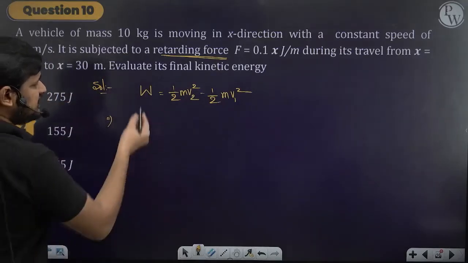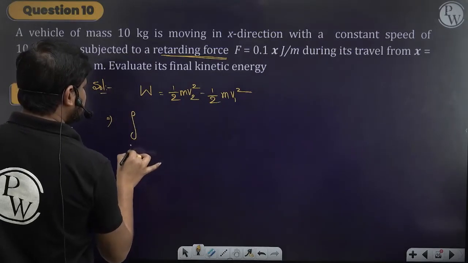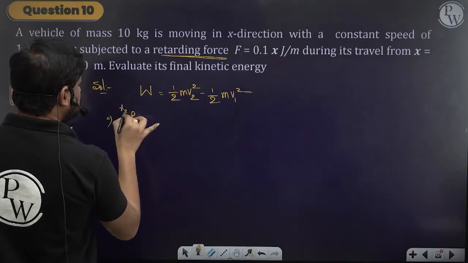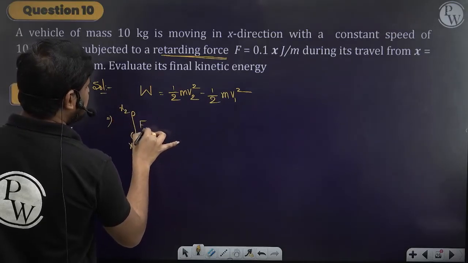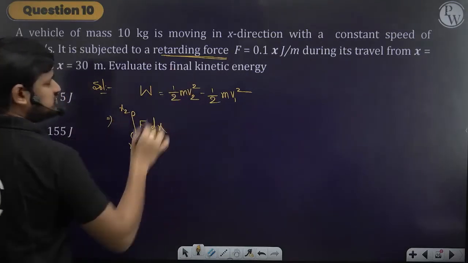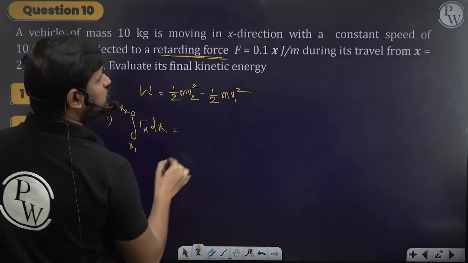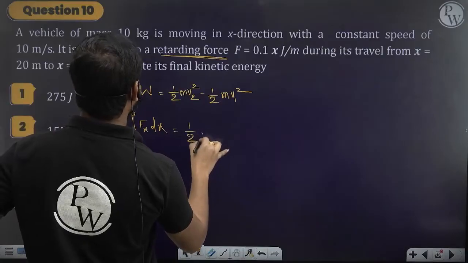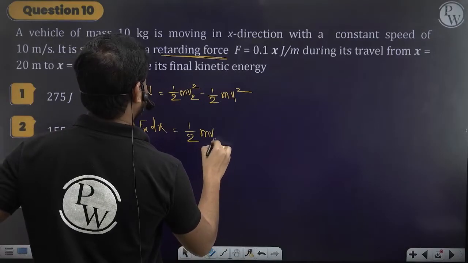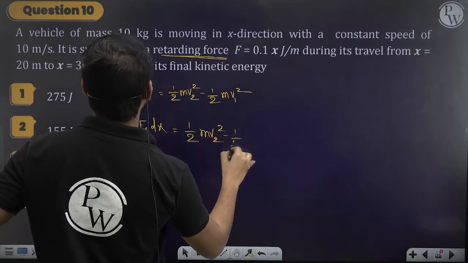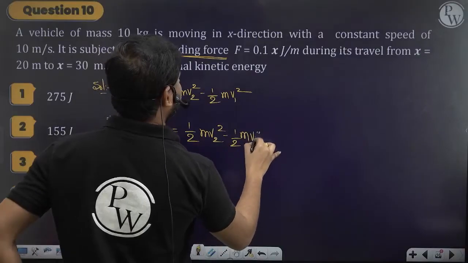So in place of work done, shall I write the integral from x1 to x2 of the force in the x direction into dx, because the force is only acting in the x direction, which is equal to half m v2 squared minus half m v1 squared.